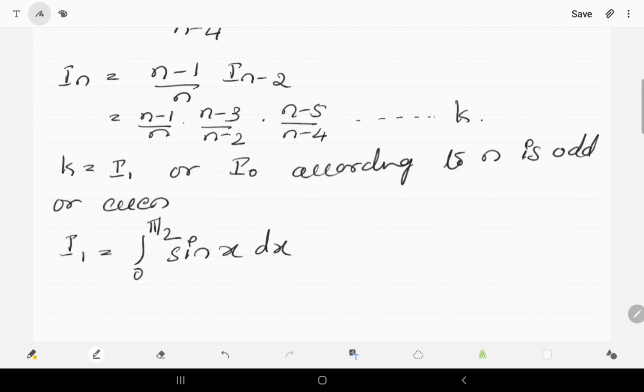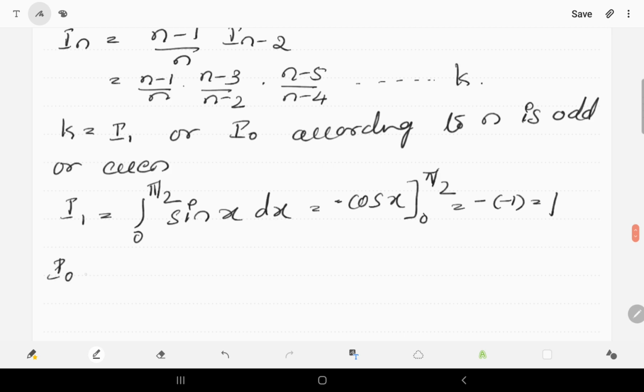So what is the integration of sin x dx? That is minus cos x, varying from 0 to pi by 2. Cos of pi by 2 is 0, minus of the lower limit, cos of 0 is 1, so minus of minus 1 is equal to 1.